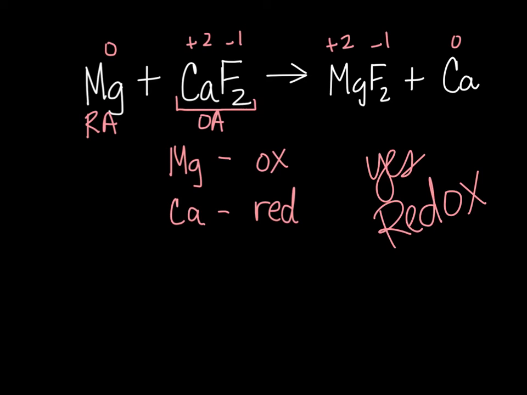So way back in first semester, we learned about synthesis, decomposition, single replacement, double replacement, and stuff. So what type of reaction is this one? All right, this is an example of single replacement, right? Single replacement. And you'll also notice that basically all of your single replacement reactions will be redox.